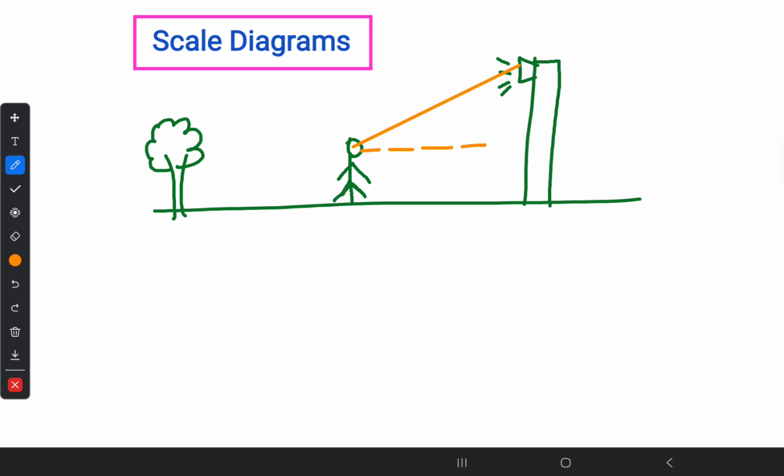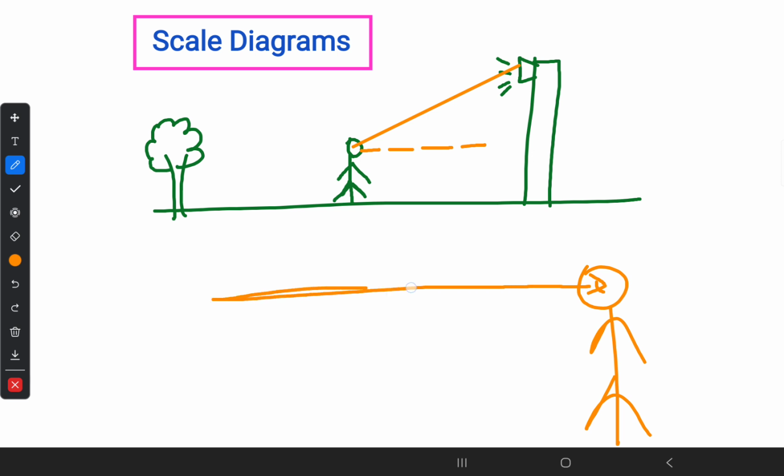Usually your eye line would be a horizontal line. According to your height, a person who is 6 feet tall has an eye line a little bit above. If you are 4 feet, your eye line would be like this.